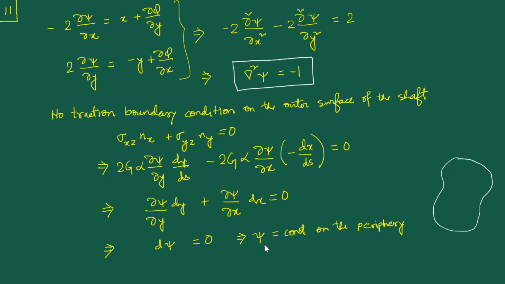Because the psi will be a constant on the entire periphery, given a certain geometry, all that we need to know is the equation which defines this periphery, and we can utilize this condition that the Prandtl stress function is a constant on the periphery to obtain an expression based on that geometry. And through the examples that we'll be doing, we'll see how that can be very, very easily done.